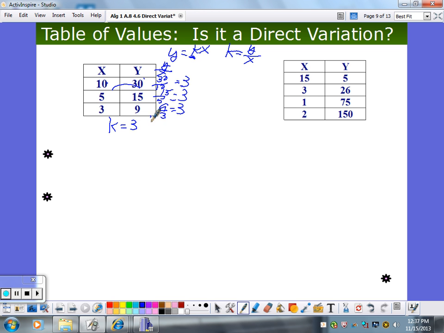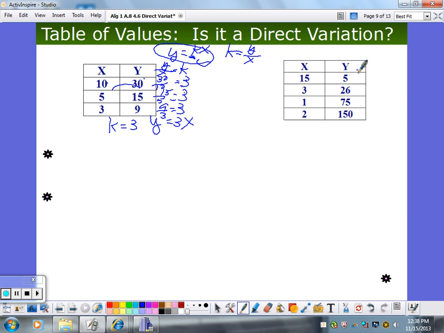Yes. So when I'm asking for the equation, I'm looking for this, but with a value for k. So you have to find k and plug it in there. And why is it a direct variation? This is k. It has the same constant of variation for every point.